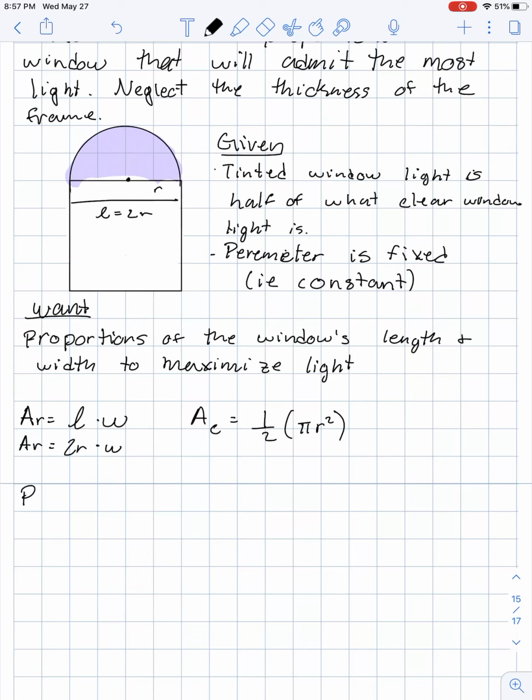So let's play with perimeter for a little bit first. So my perimeter is going to be this outside of the semicircle, this side, and this side, and this side.